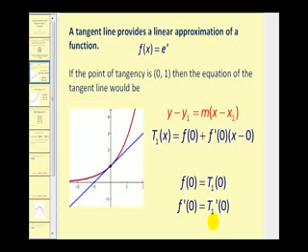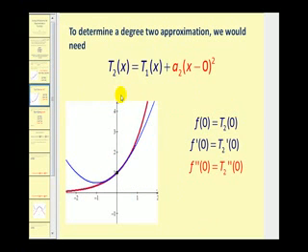Now if we want to find the degree 2 polynomial approximation, we would have to take the linear approximation and add a quadratic term. In order to find this degree 2 polynomial approximation, the function values would have to agree, the first derivatives would have to agree, and now so would the second derivatives at x equals 0. So we could solve for a sub 2 using this condition here if we needed to.